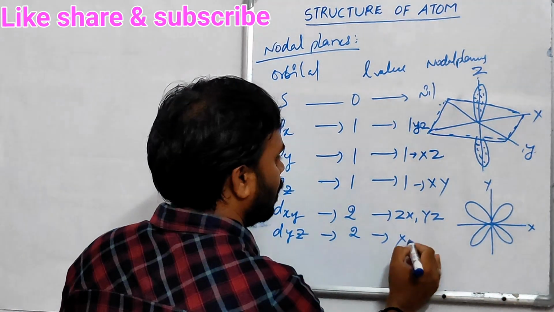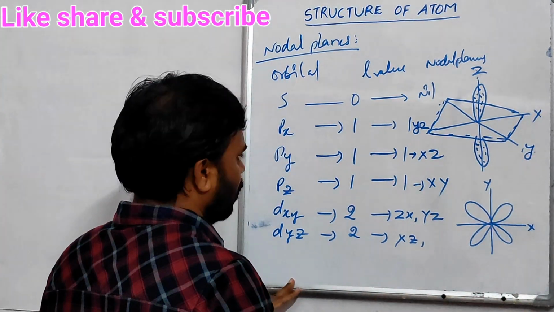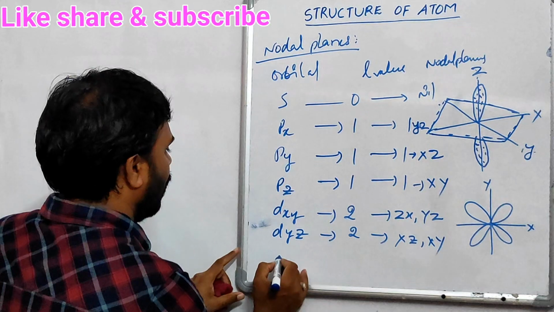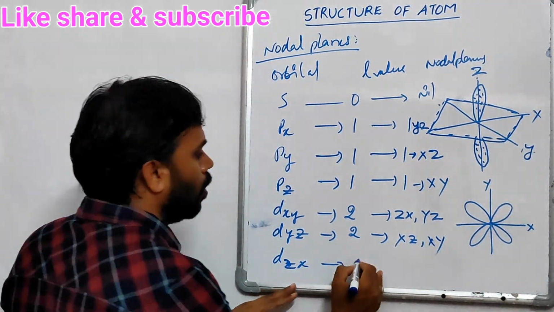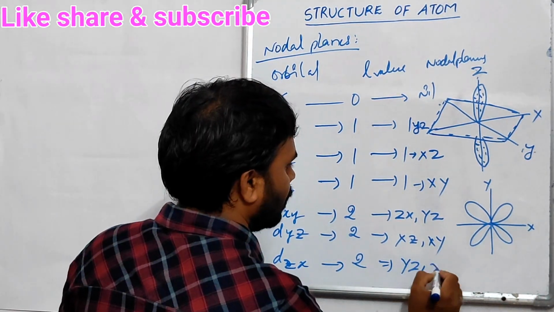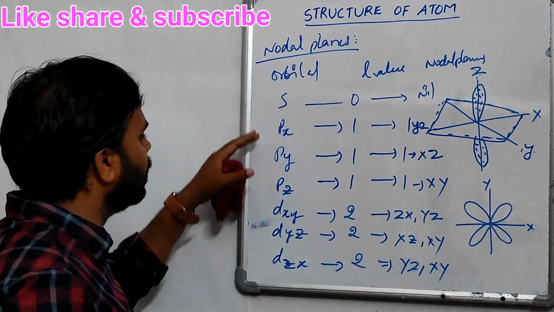They are xz and xy. For dzx, two nodal planes are there. They are yz and xy. These are the nodal planes present in these orbitals.